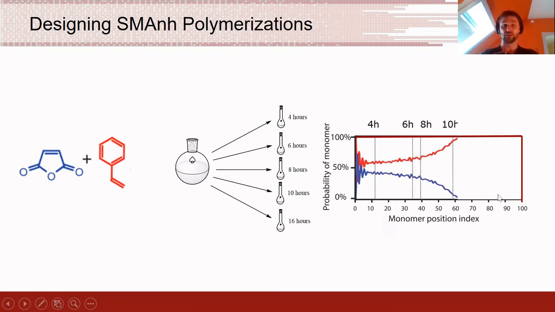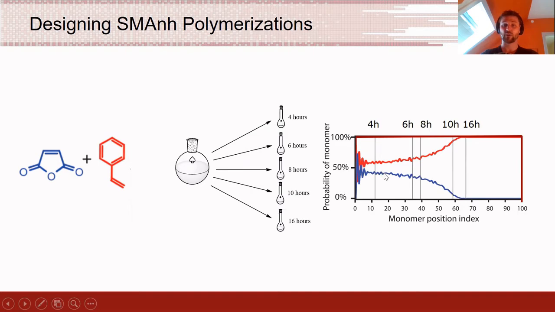And so what you see here to the right is the very first output of the program: if you stop it after 4 hours, you'll end up with around 60% probability of the monomers in any given position being styrene, and 40% being maleic anhydride.